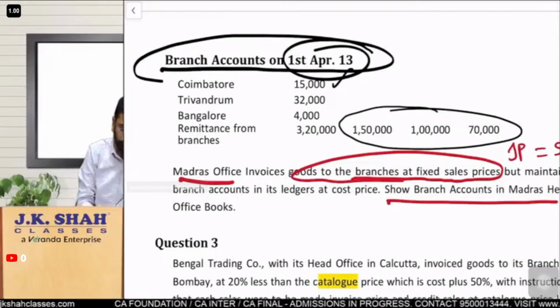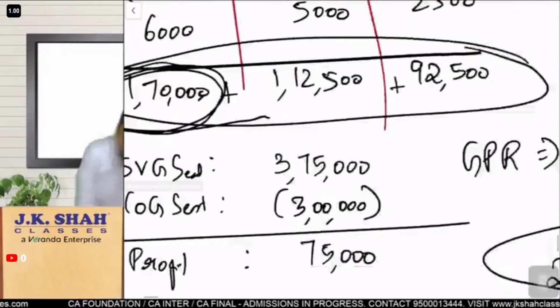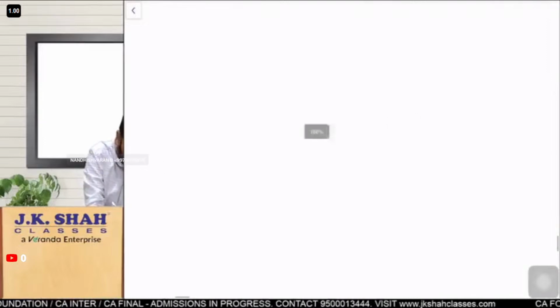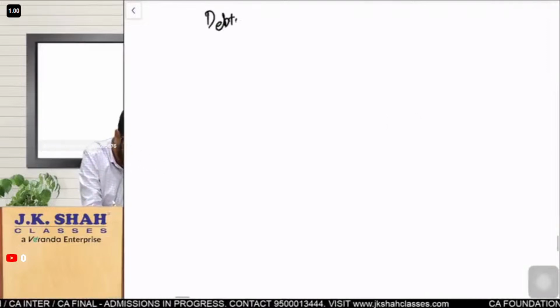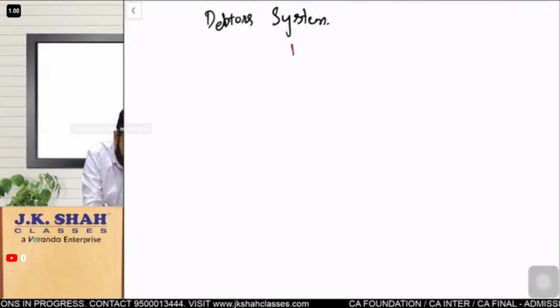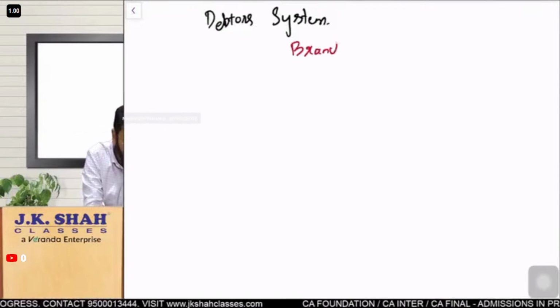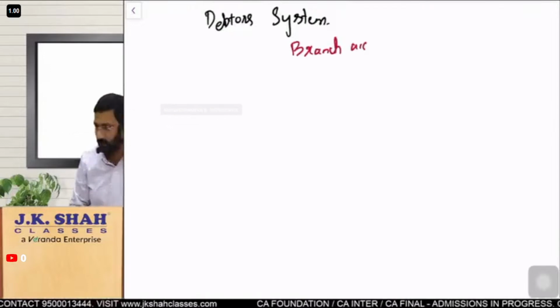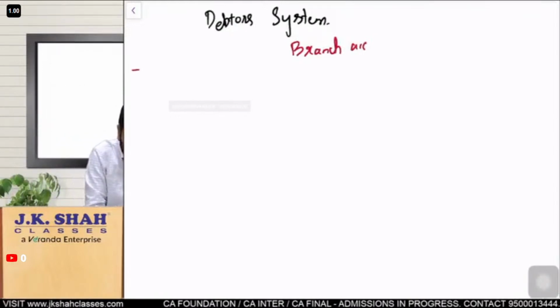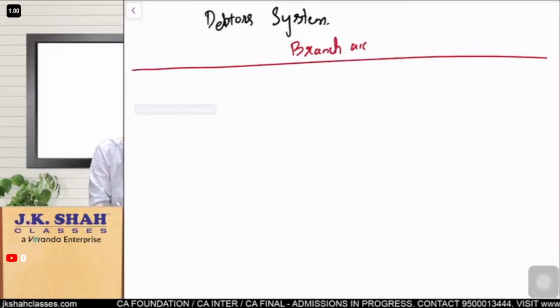So prepare branch account. Data system, write the heading data system. Which account? Branch account. Only one. Column format now. Particulars.